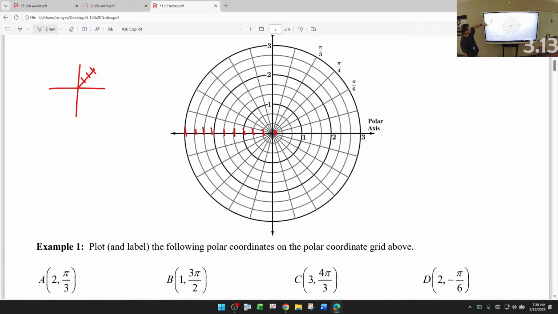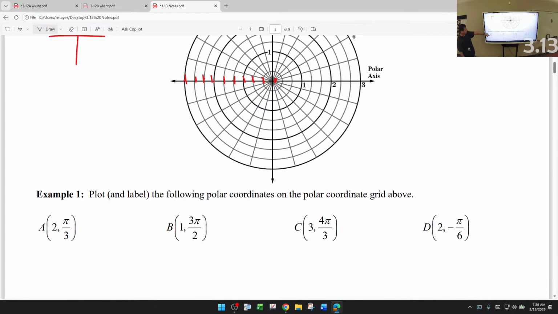On this one, they want me to plot and label each of those 4 points. So I don't look at the 2 first. I have to look at the pi over 3 because I have to know where my angle is going first. It's different from x, y, where normally you look at your x's and then your y's. Here, you have to look at your angle first.